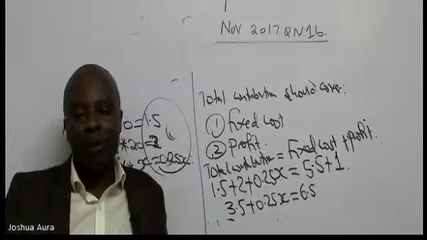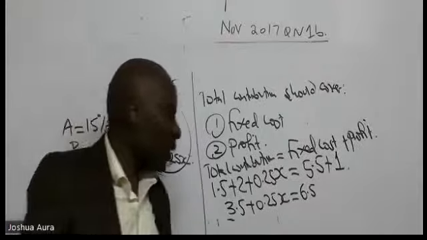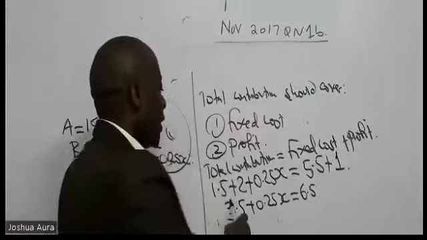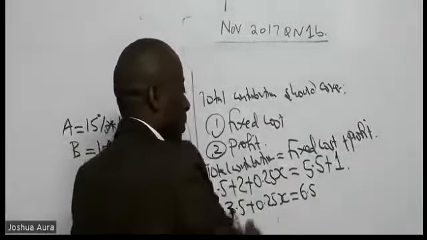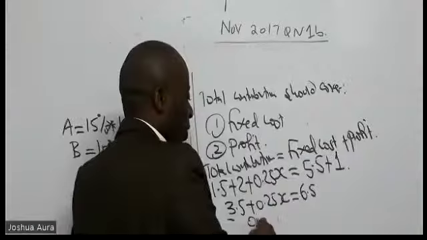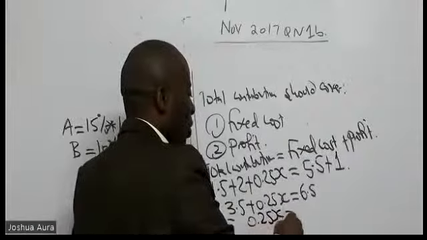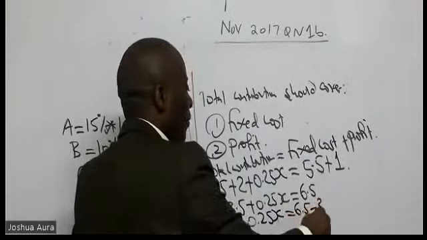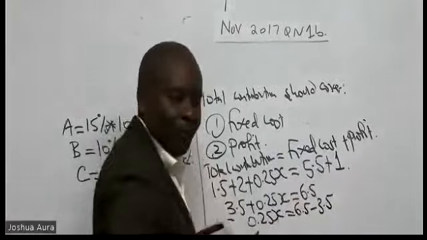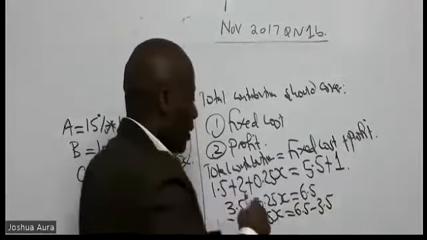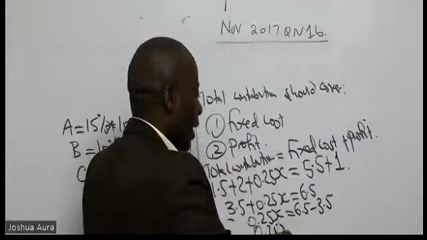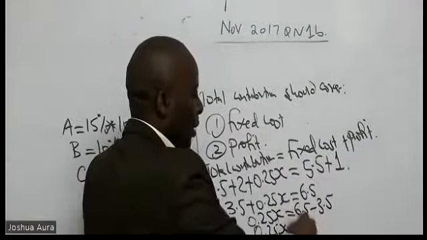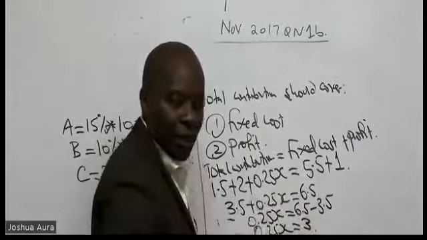Yeah, Gordon Wari is able to give me 12. Thank you very much. So if you take this figure to the other side, it will become a negative. So it shall be 0.25x equals 6.5 minus 3.5 million. Ladies and gentlemen, this will be 0.25x equals 3 million.